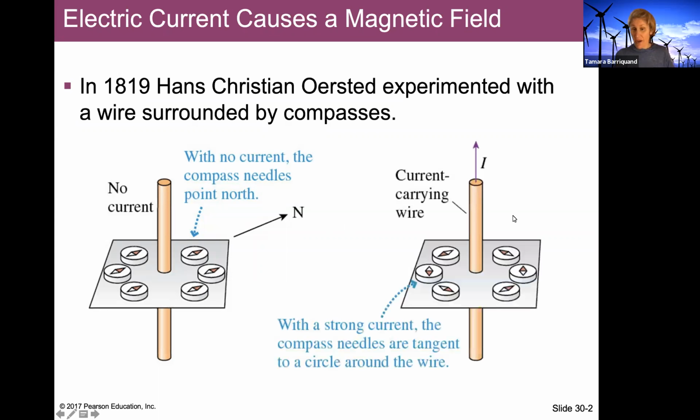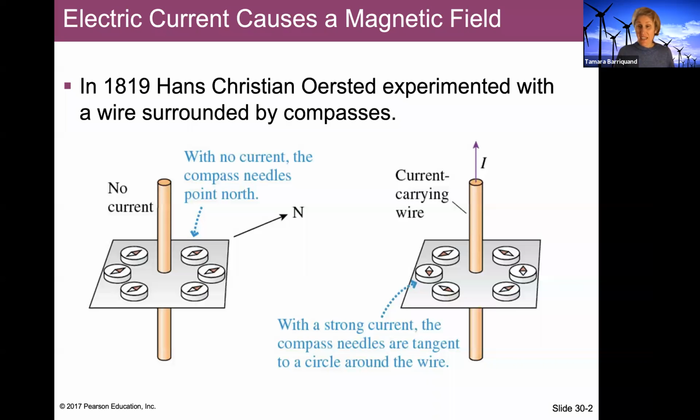So now the wire is not just a wire, but it's a current carrying wire. And once there was a current going through the wire, all the compasses all of a sudden lined up and started pointing in the same direction in a circle around our wire. And we saw that we could take our right hands and put our thumbs in the direction of that current, and then our fingers will then curl in the direction of the magnetic field.